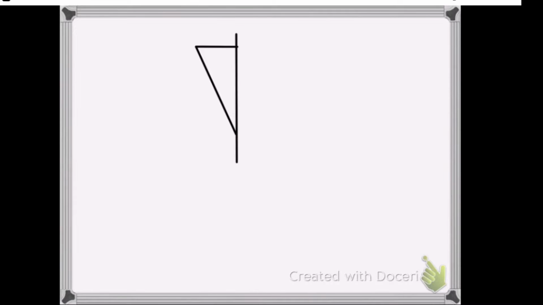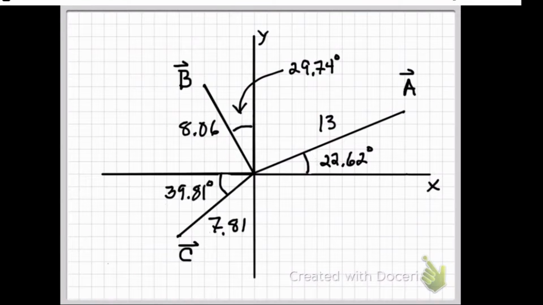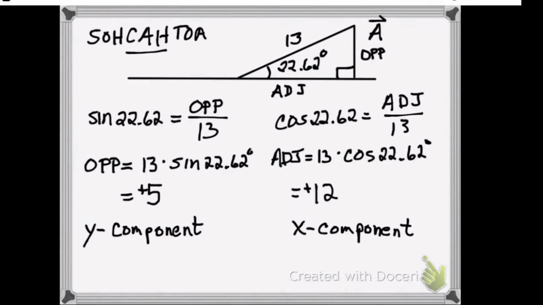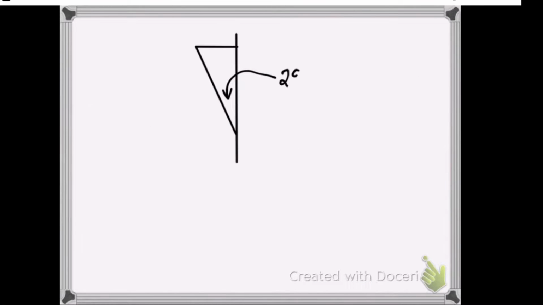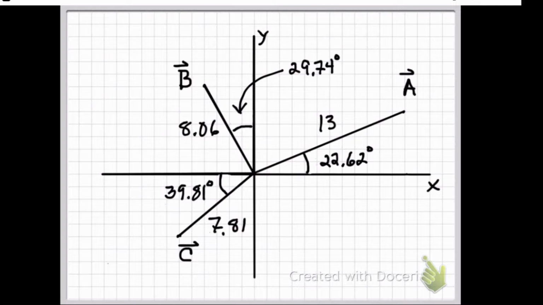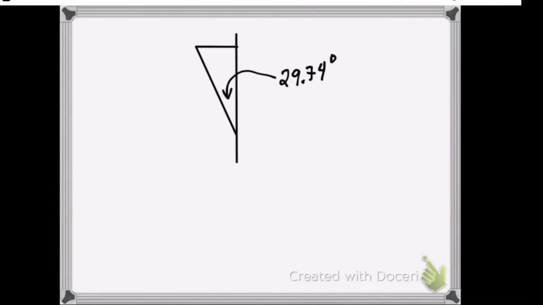Turn it into a right triangle. Okay, we know that this angle here, let's go back and look at it again, was 29.74 degrees. We know that the length of the vector is 8.06, the magnitude.